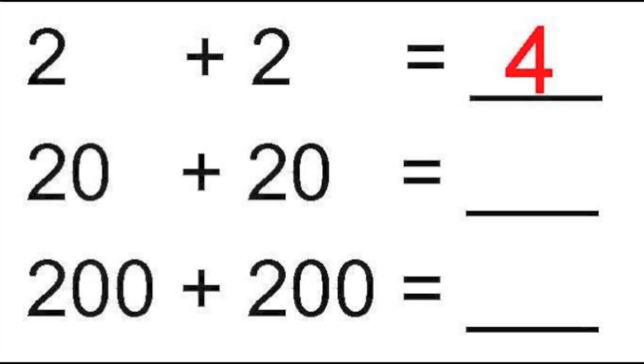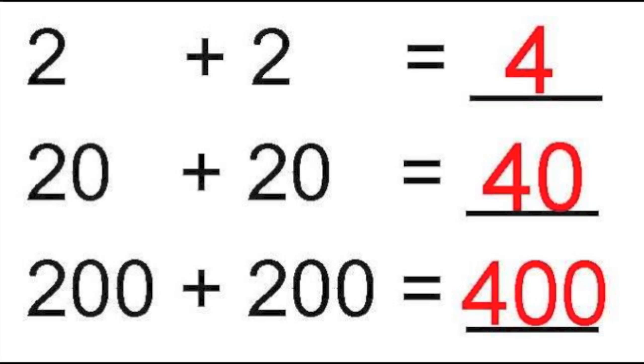Next, 20 plus 20, or 2 tens plus 2 tens, which equals 4 tens. So 20 plus 20 equals 40. Last is 200 plus 200, or 2 hundreds plus 2 hundreds, which equals 4 hundreds. So 200 plus 200 equals 400.